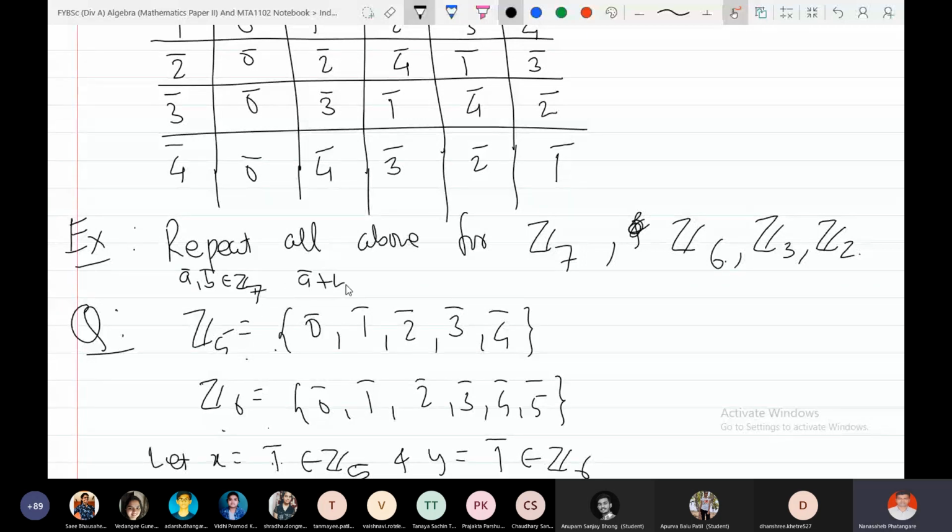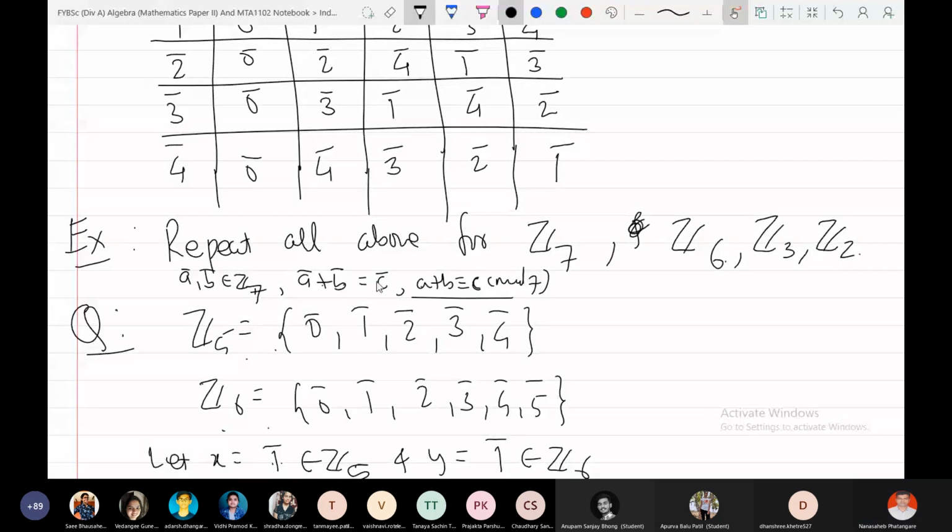Then what is a bar plus b bar in Z7? What will be the addition? If it is c bar, then what is c? a plus b is congruent to c modulo 7. That will be the class of a plus b modulo 7.